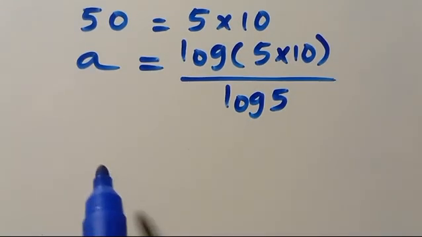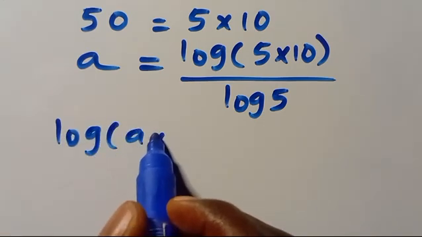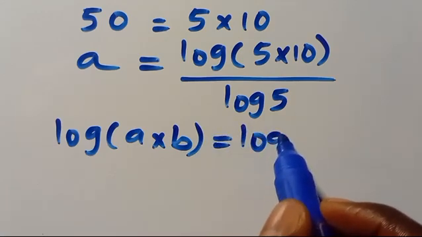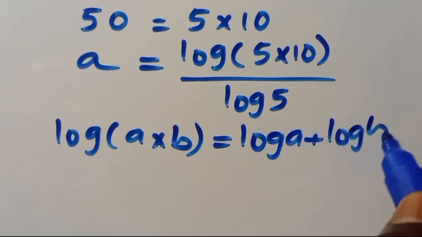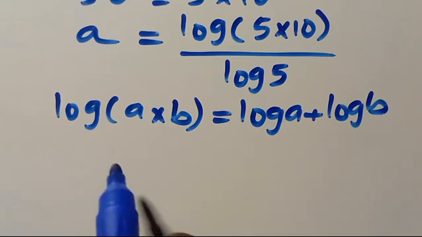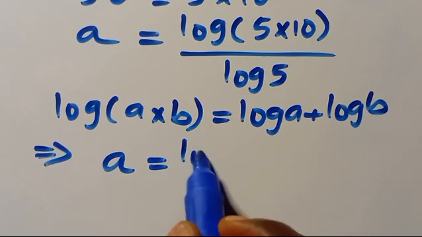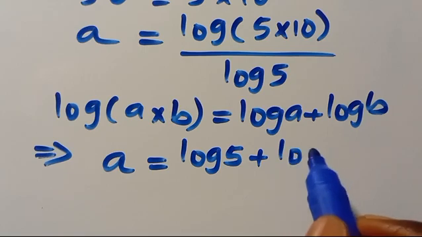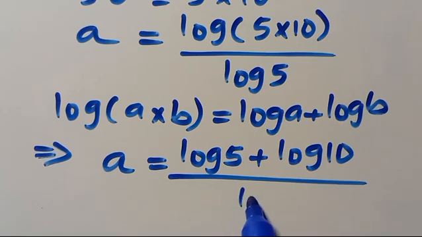Then when we have log, open parenthesis, a times b, it equals log a plus log b. So we have a equals log 5 plus log 10 over log 5.